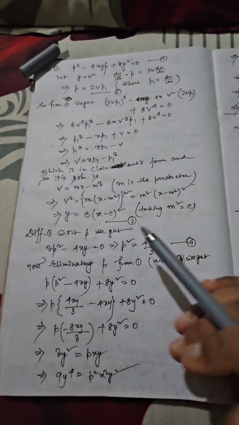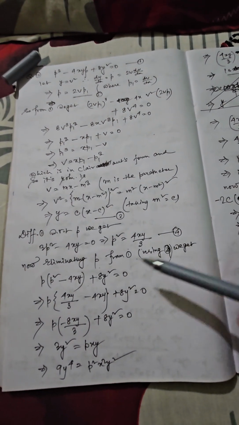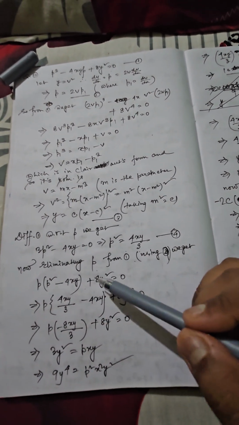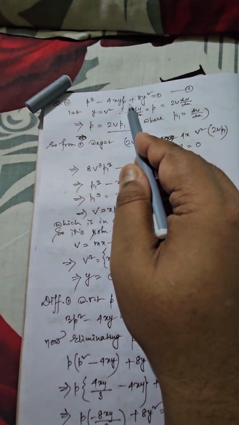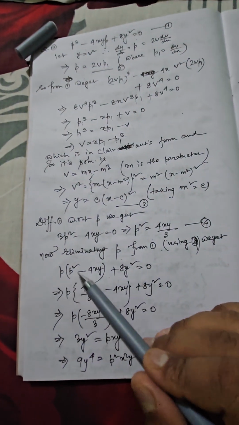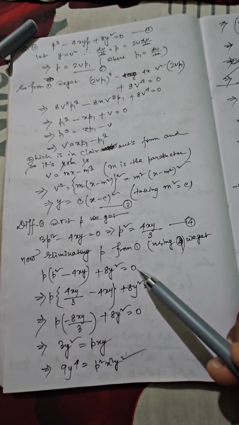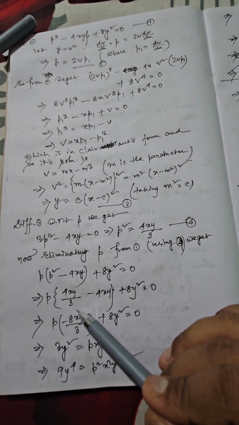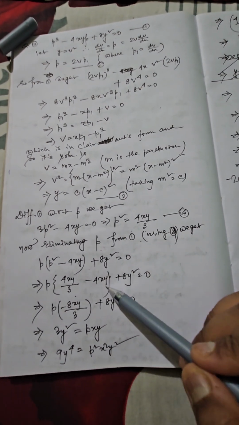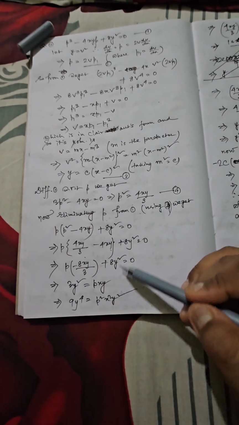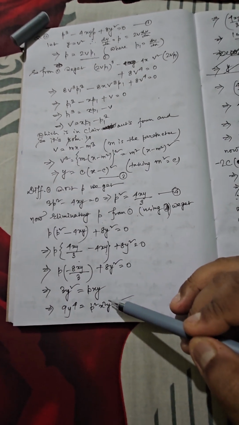So now eliminating p from 1 using equation 4 we get, simply put this value in the main equation. You can see p cube minus 4xyp is the original equation. Take p common, you will get p times p square minus 4xy plus 8y square equal to 0. P square can be replaced by 4xy by 3 as you can see from equation 4. Then minus 4xy as usual there. Again simple calculation ultimately gives you 3y square equal to pxy.